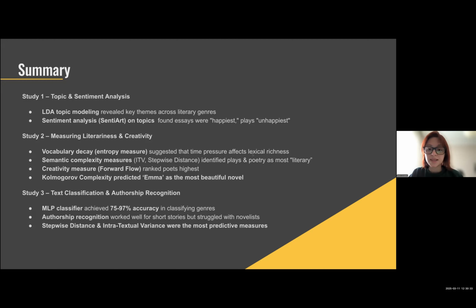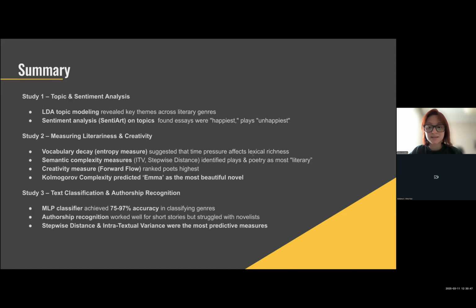The experiment in the third part seems to be successful, since it proves that semantic complexity measures can be used as predictive features for text classification and even for authorship recognition. While the model achieves high accuracy in categorizing text and probably in the near future in distinguishing authors, if it doesn't already, we must ask, as literary experts, do these measures capture what defines an author's style?